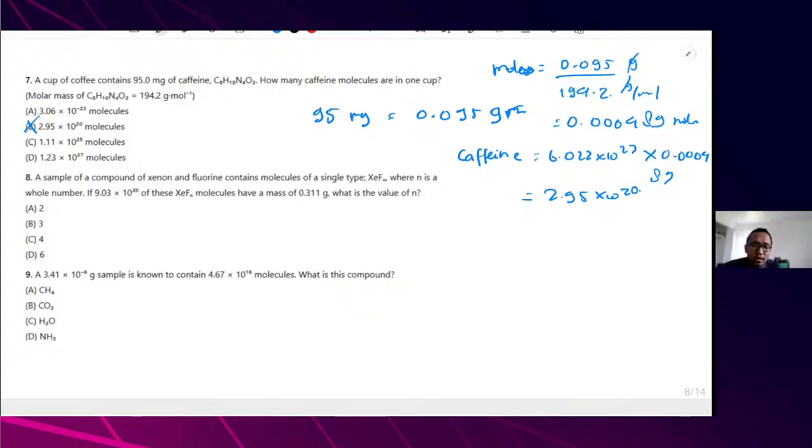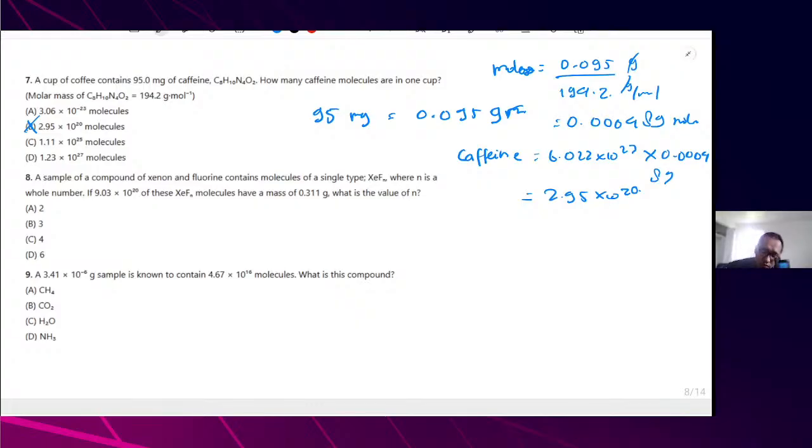So this question is asking about the formula of the molecule. What we need to do, like the previous one, is know the ratio. We need to know the ratio. Simply, we need to know the total mass and number of molecules, and then figure out how many fluorine atoms.